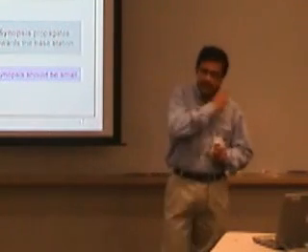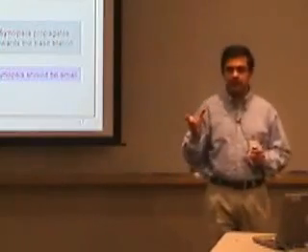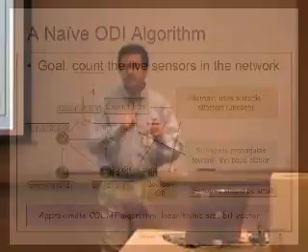So one way we can make this algorithm efficient is to use a smaller bit vector. And then we let each of the sensors probabilistically set one bit within that bit vector. So now what will happen is, since we don't have as many bits as the number of nodes, sometimes two nodes will set the same bit.